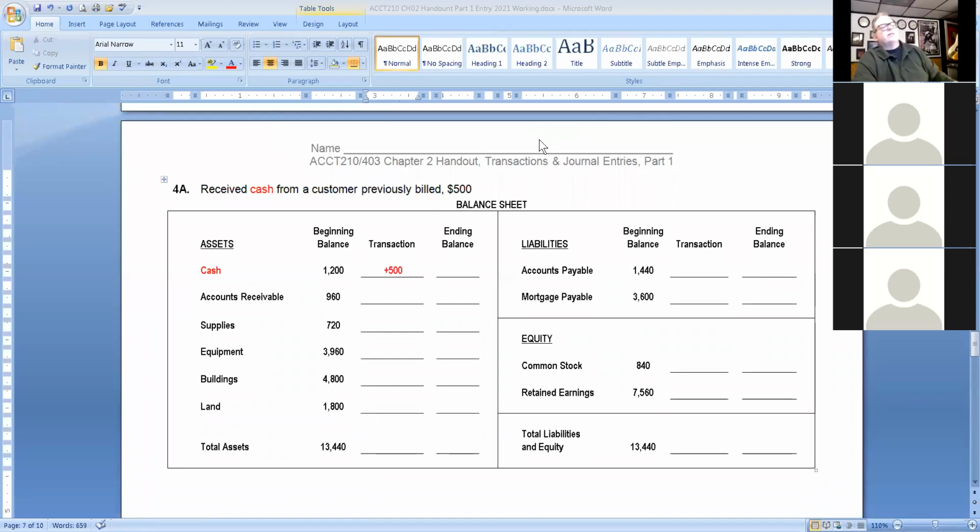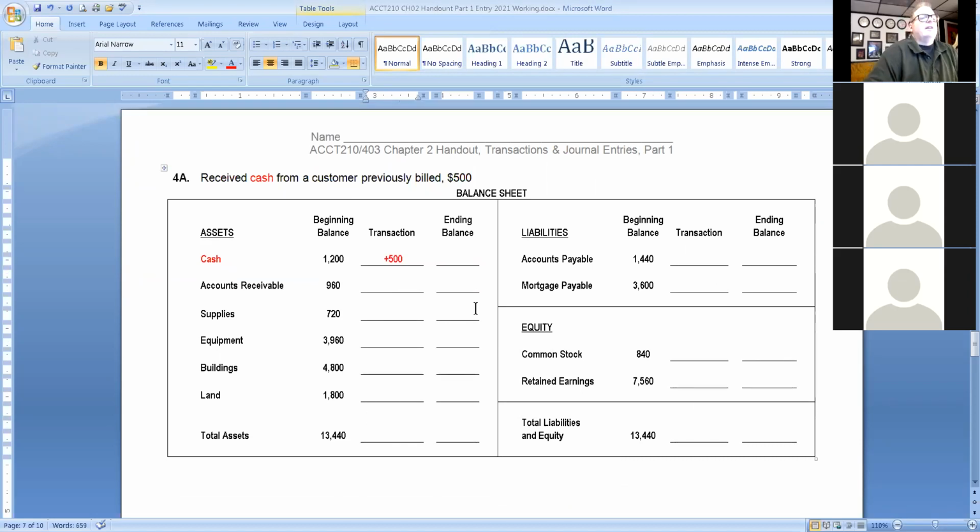Yes, accounts receivable. Yes, I'm sorry. Okay, now I have it up there now. I'll just minimize this. Thank you guys for letting me know. Oh, no, I lost it completely. Darn it. Okay, yes, accounts receivable.